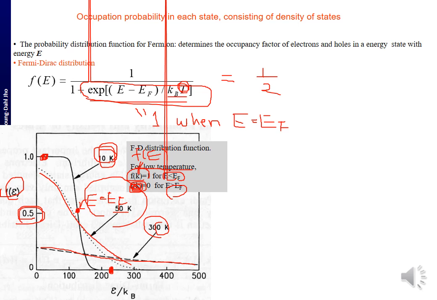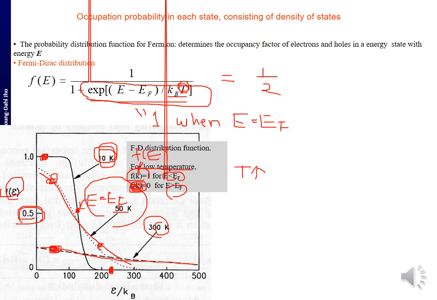We see that. And then for larger temperature, as T is increasing, the original step function like shape is smeared out. It's slowly changing like this.